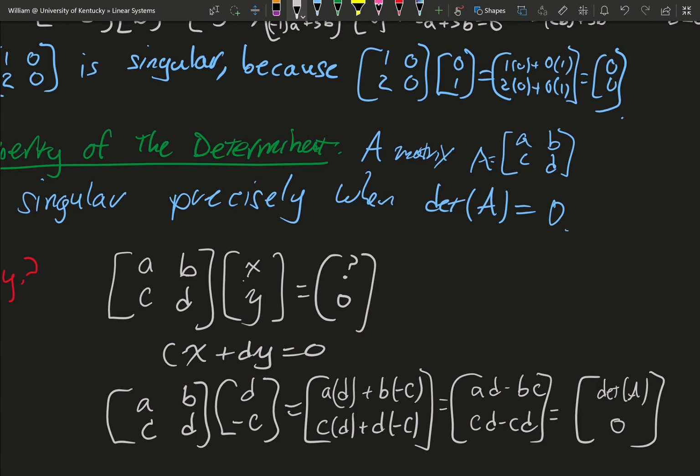If it's not 0, then it turns out that as soon as I make one entry 0, the other entry essentially has to be something times the determinant.